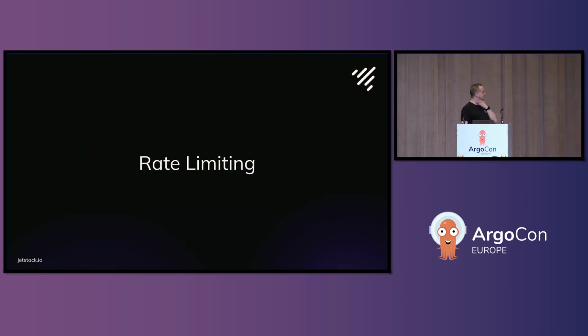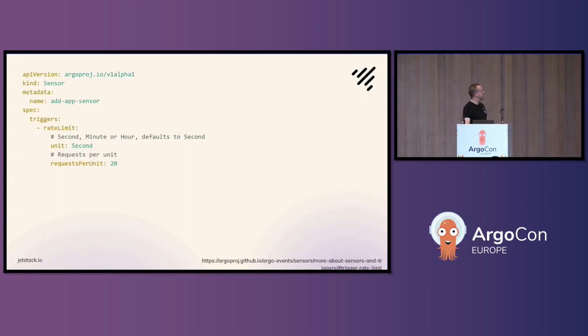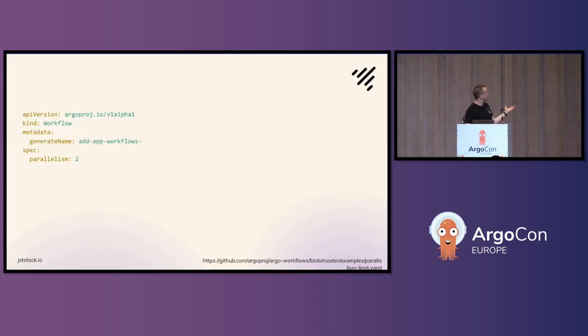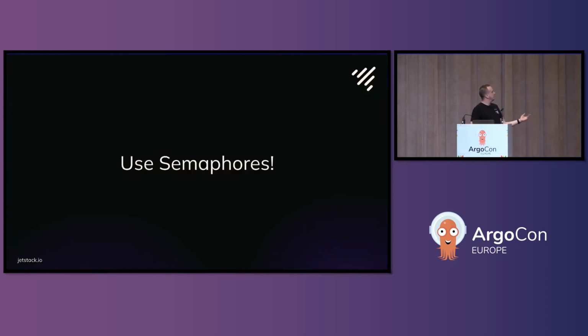Okay, we've got rate limiting, so Argo Events has sensors to do some rate limiting. Parallelism limits, so we make sure we were only running 2 steps at a time.